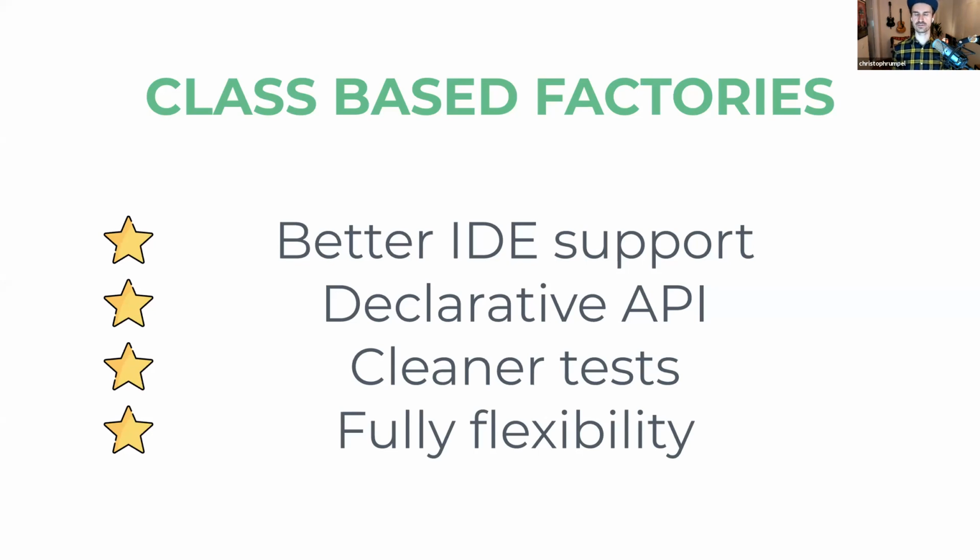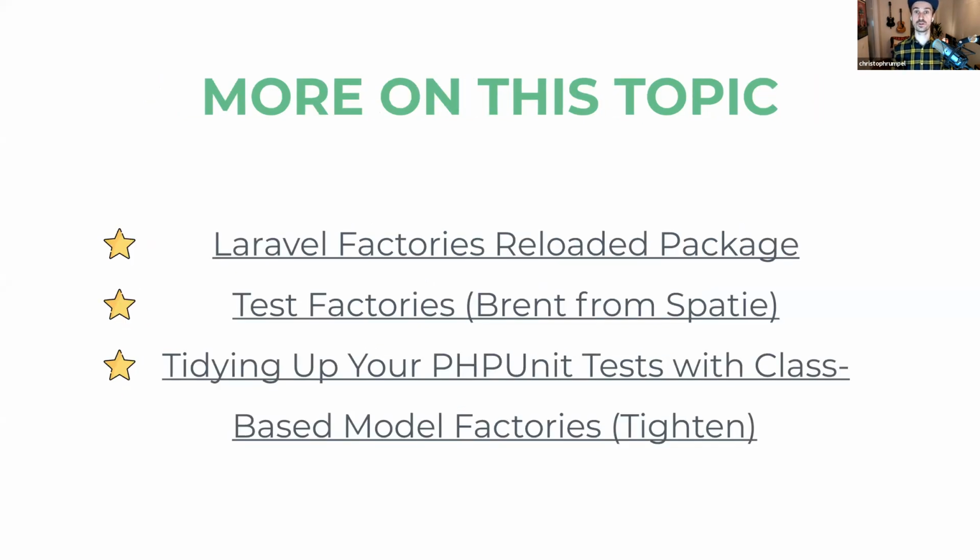Of course, it's more work that needs to be done. I also wouldn't recommend using this for all of your application because many times you're just good enough with Laravel factories. But if it gets a little bit more complicated, I think that's a good approach to check out and try. If you want to learn more about this, check out my package.